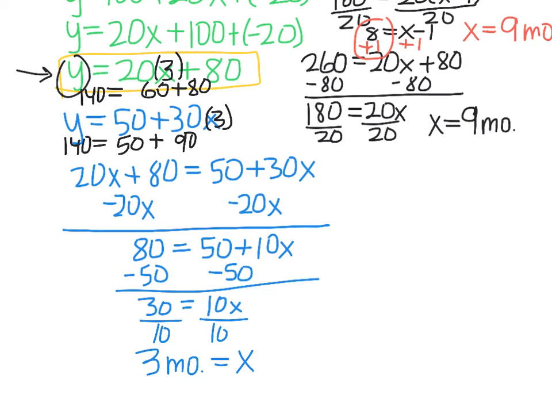So if you're only going to go for 1 or 2 months, you definitely want to pick this one because it's going to be cheaper overall. At 3 months, it doesn't even matter which one you pick. But if you're going to go for more than 3 months, you'll end up spending less money at this new gym that has a higher startup fee but less per month.